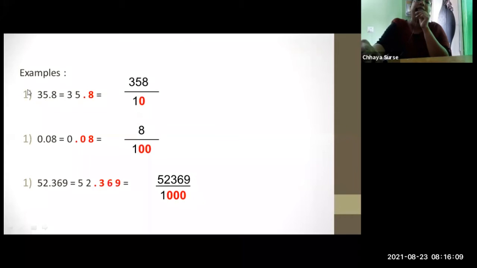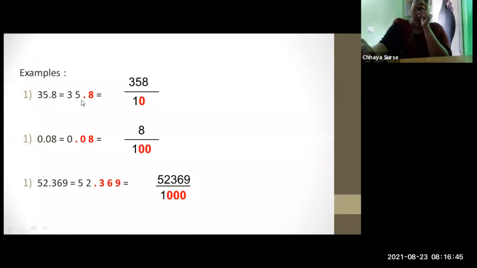Now is it a decimal fraction? 35.8. This is the decimal fraction, and we are converting it into a common fraction. Before that we learned common fraction into decimal fraction. So you have to count the decimal places.